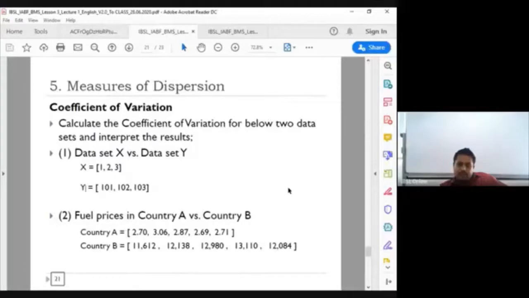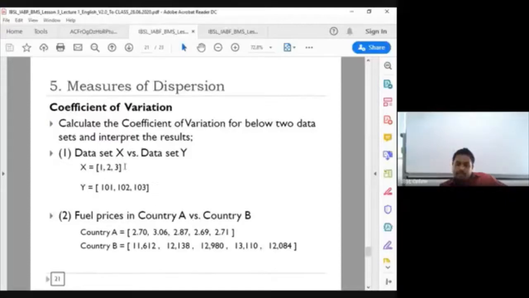However, when you calculate the coefficient of variation, you could see that it would give indicative values which will define the nature of the data set. But merely if you just take the standard deviation, if I just take question 1 and try to discuss the standard deviation, I think we came across the answers of SD for X would be 1 and SD for Y also would be 1.